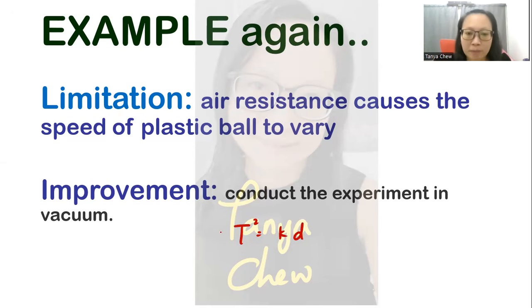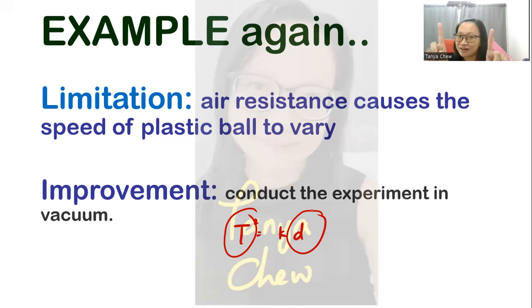So focus on your measurement of T, and focus on your measurement of D, to give you some ideas. How to make the measurement of T more accurate, how to make the measurement of D more accurate. That is the limitation. But what is the problem? That you could not measure D or T as accurately as possible. So what do you do about it?